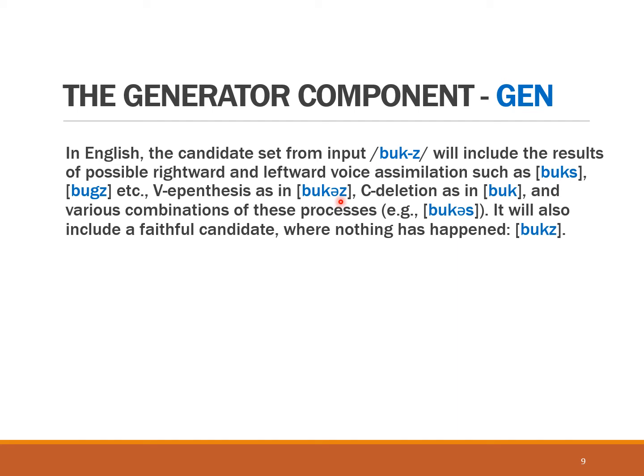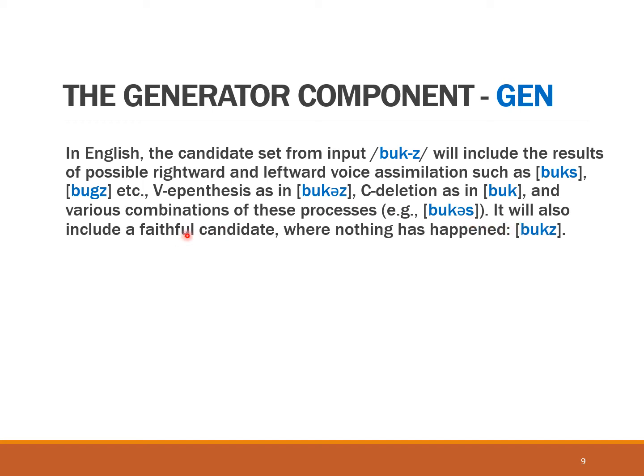So a schwa is inserted here. By deleting the consonant, you have book, so there is no z or s at the end. That consonant is deleted, and various other combinations such as bookas, etc. In bookas, you have a vowel insertion as well as a voiceless s.